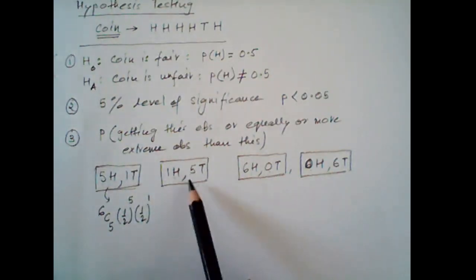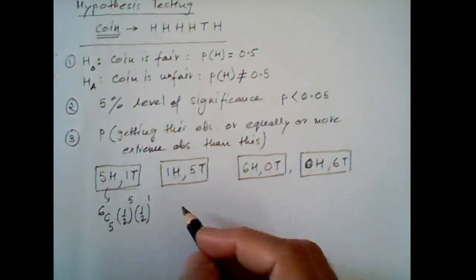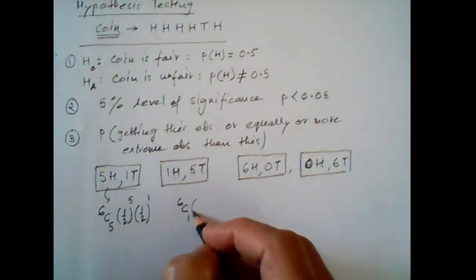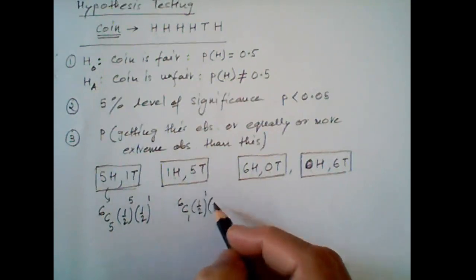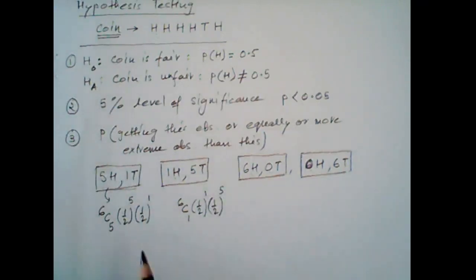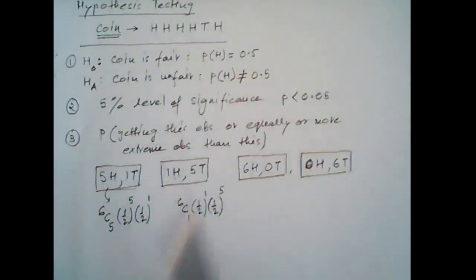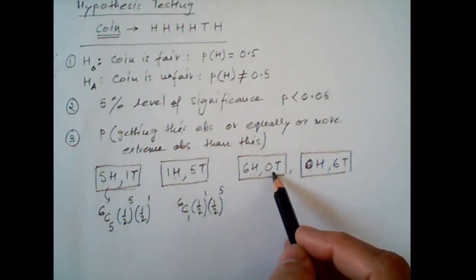Okay. Now, what is the probability of getting 1 heads and 5 tails? Again, 6 choose 1 times probability of heads raised to the power 1 times probability of tails raised to the power 5. Note that we are considering both probability of heads and tails to be half each because we are assuming here that the coin is fair. All right. What is the probability of getting 6 heads and 0 tails?